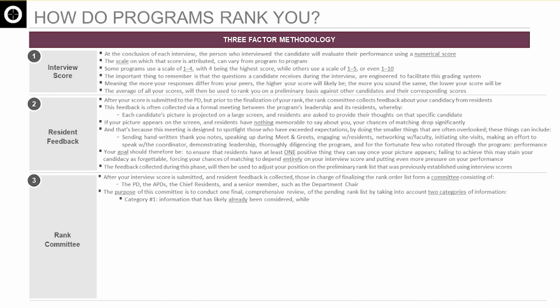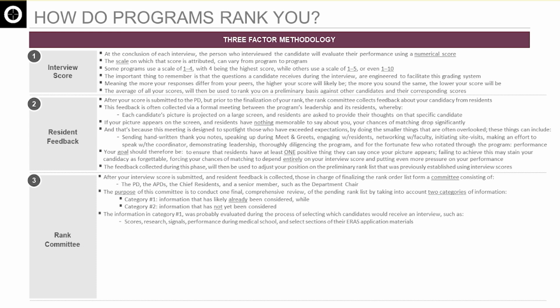Category number 1 is information that has likely already been considered, while category number 2 is information that has not yet been considered. The information in category number 1 was probably evaluated during the process of selecting which candidates would receive an interview, such as scores, research, signals, performance during medical school, and select sections of their ERAS application materials.